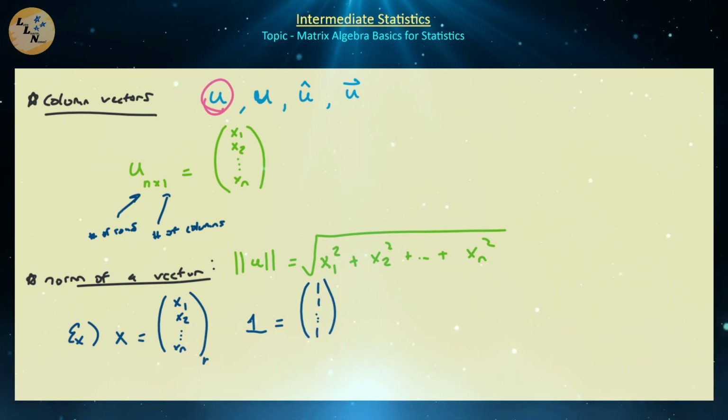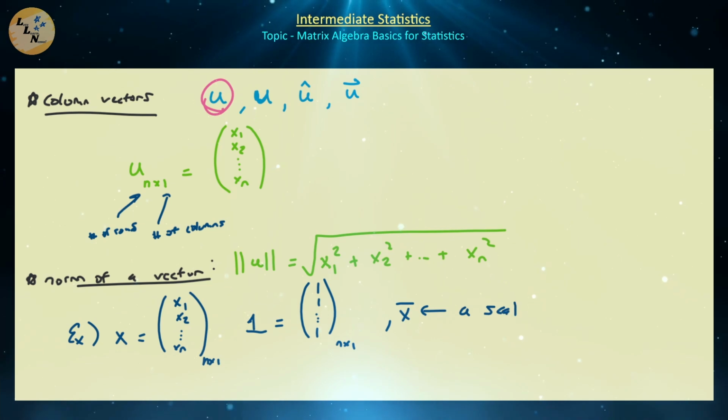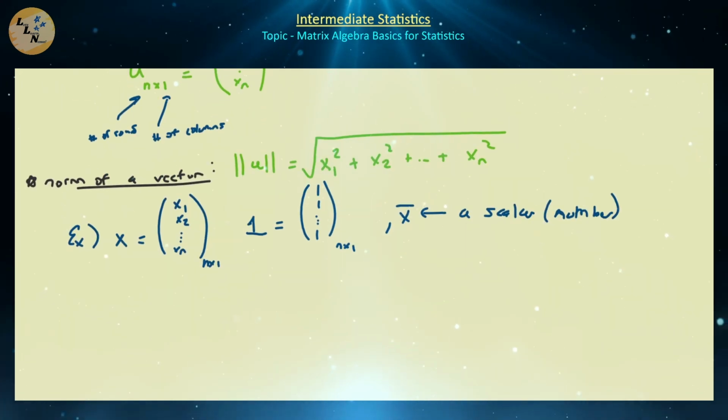Again, n rows by one column for both of them. And let's assume that x bar is a scalar, which is a fancy word for just a number, at least in the statistical realm. There's a little bit more one could say about scalars and vectors, but let's just leave it there.